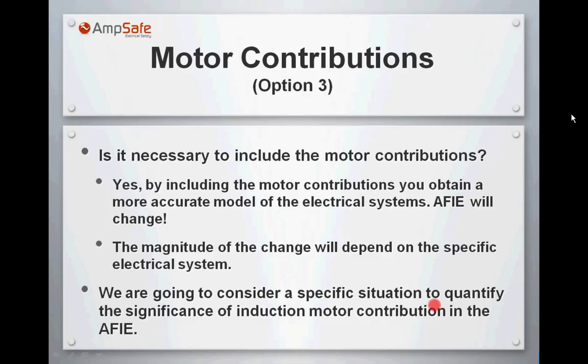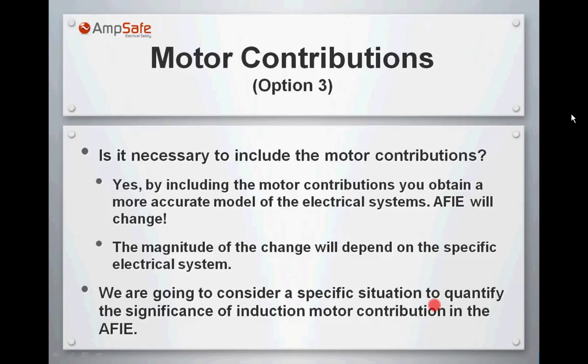And model them very accurately, because there might be some jumping of categories when you include the motor contribution, as we're going to see in a typical example in a couple of slides. Even though the magnitude of the change depends on the specific case, very few times will it jump from category; the majority of the time it will remain a low quantity change.